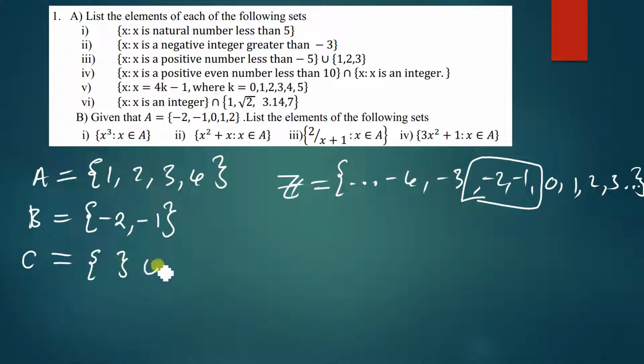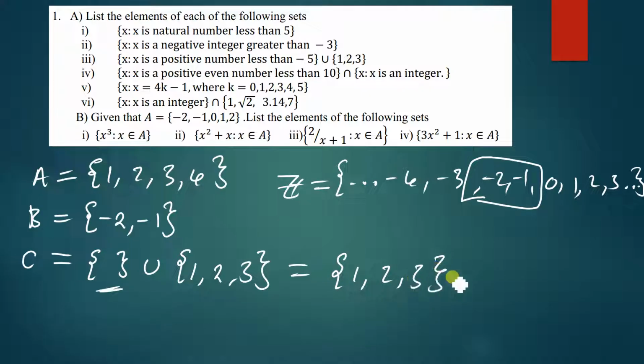So an empty set union 1, 2, 3 means we are combining nothing to a set. Nothing plus a set will give us that same set. So set C is therefore equal to 1, 2, 3.